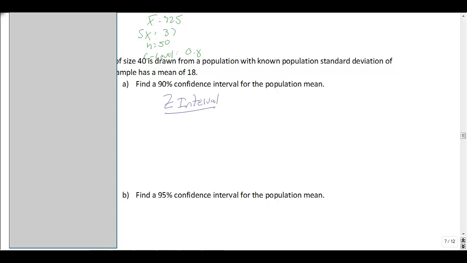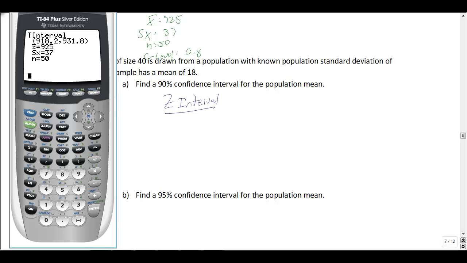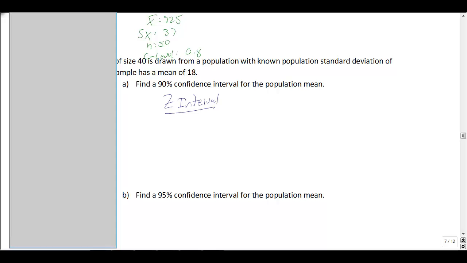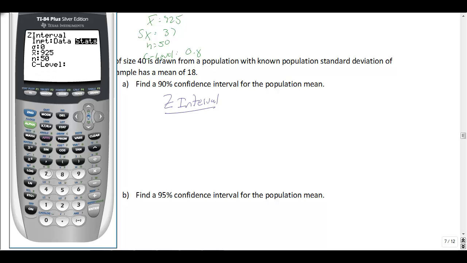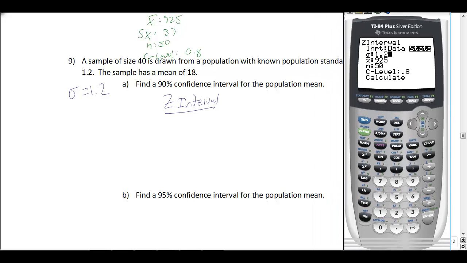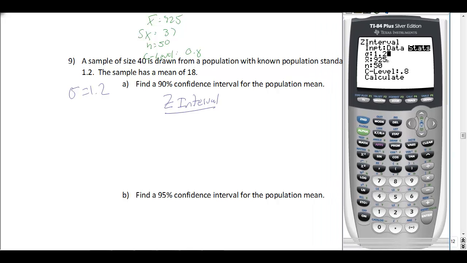So let's go see, sometimes we get a little bit different options. Well, I don't know what happened there. There we go. I go to stat, test, z interval is option 7, so I just hit 7. Now sigma, that was the 1.2 we were given. X bar, sample mean, is 18. Sample size is 40, and we want to build a 90% confidence interval, that's 0.9.